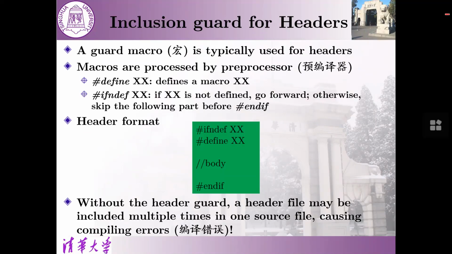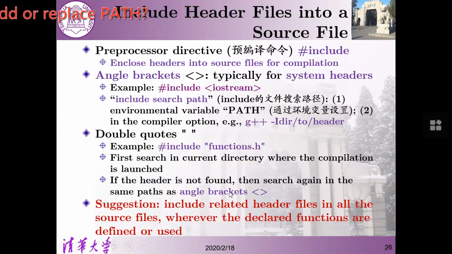We will give a demo later, okay? The -I option directs the compiler to find the header in this directory, because we are running the compiler. This will not modify the path environment variable, okay?